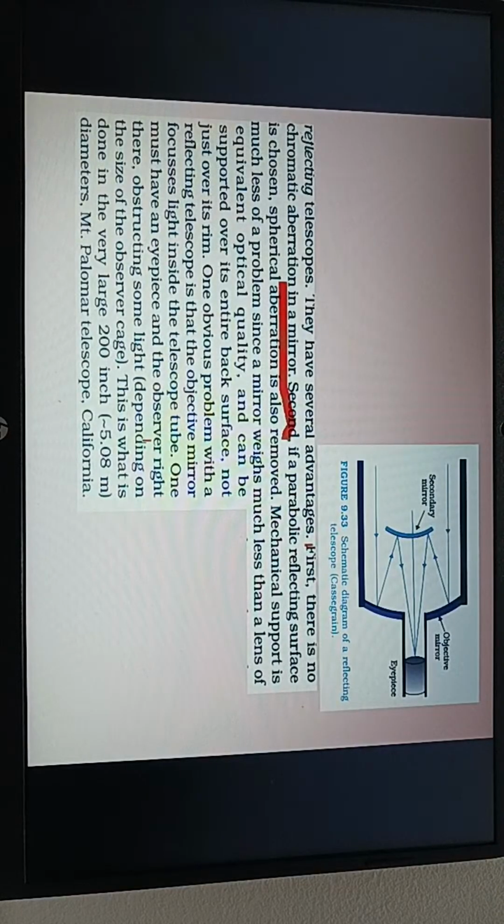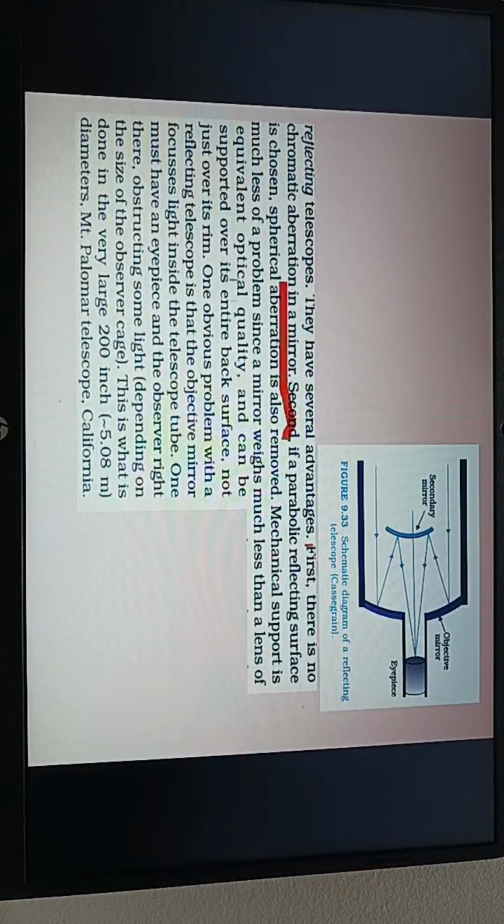That can be removed using parabolic mirrors. So three advantages are clear here. One is chromatic aberration. Second, if a parabolic surface is chosen, spherical aberration is also removed.